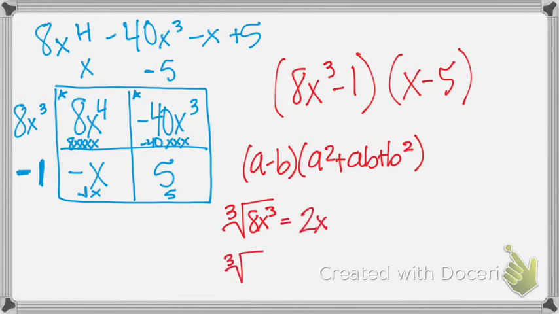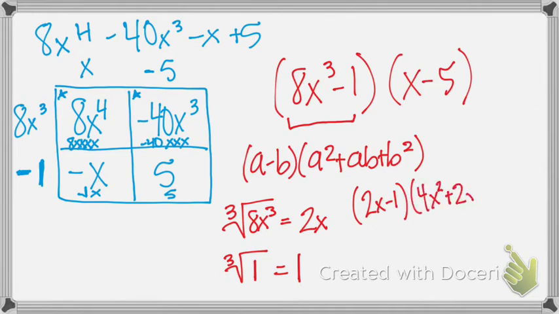And we take the cube root of 1 and we just get 1. So, would this right here not equal 2x minus 1 times 4x squared plus 2x plus 1? I think it would. Okay?